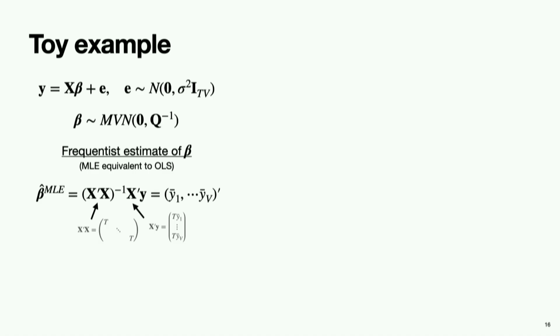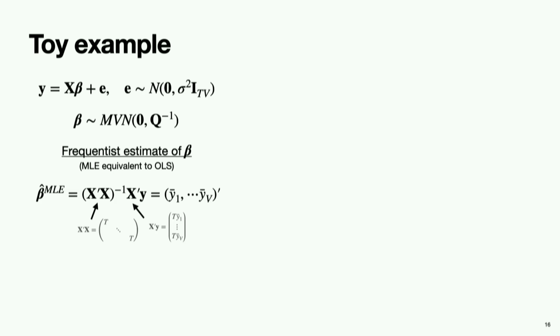Okay, so continuing this example, X here is just a column of ones. The frequentist estimate, our standard ordinary least squares estimate, is equivalent to the MLE if we have normal residuals. If you've taken a linear models class, that might ring a bell.